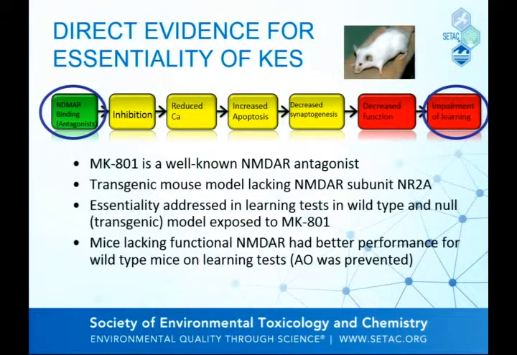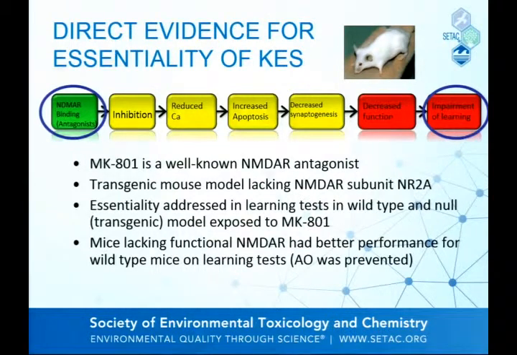This is an example of an experimental study that would provide direct support for essentiality. So basically we have an AOP here that links NMDA receptor binding, or antagonism rather, to impaired learning in rodents. MK801 is a well-known NMDA receptor antagonist. Under typical conditions, if you administer that chemical to a wild-type mouse, you cause reductions in their performance on learning tests.